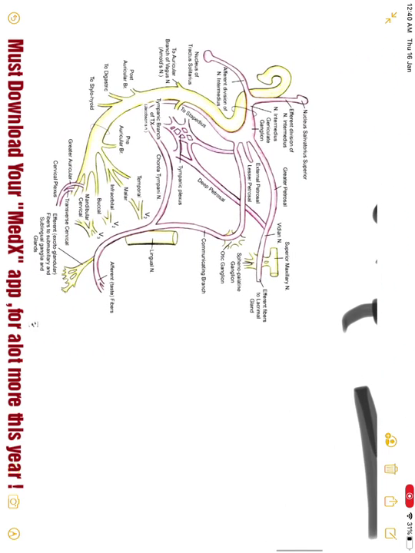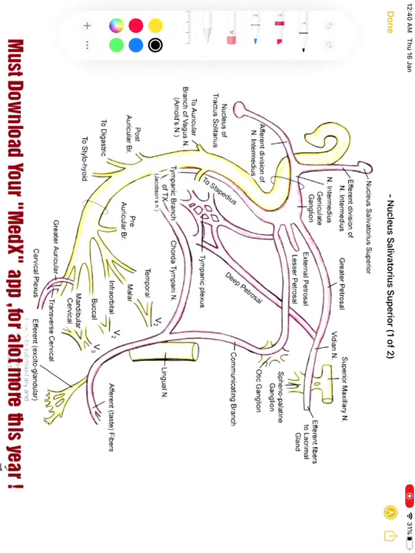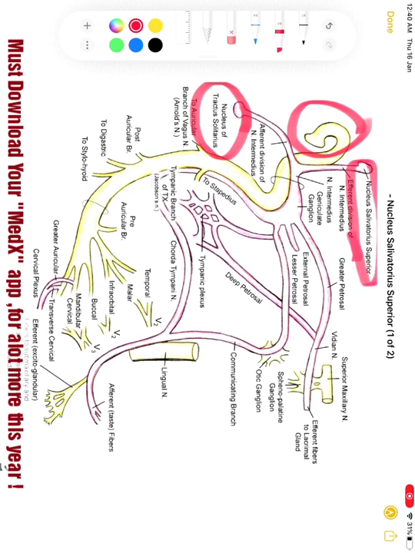So this is just an overall diagram of facial nerve summarizing for you. So this is the motor nucleus of facial nerve. As it is a mixed nerve, it also has a sensory nucleus, that is nucleus of tractus solitarius and superior salivatory nucleus. So these two form a nerve called nerve of Wrisberg, which travels with the motor branch of the facial nerve.